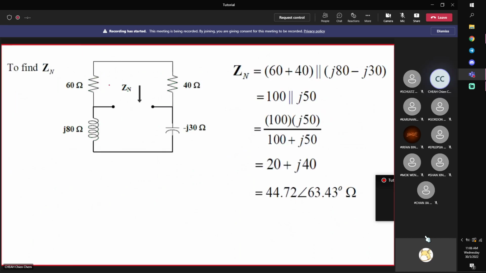Okay, actually these two can be combined into one impedance, correct? Series, 60 plus 40 is 100. These two can be combined into one, they are series. 50 plus negative 30 is 50.